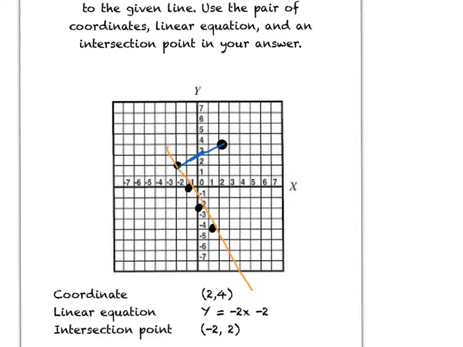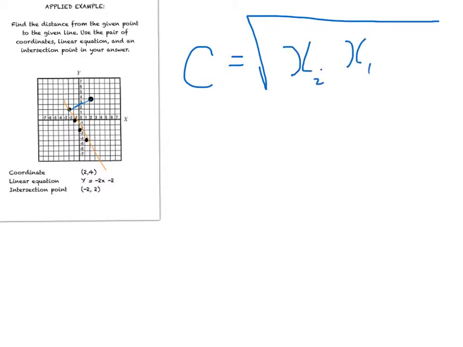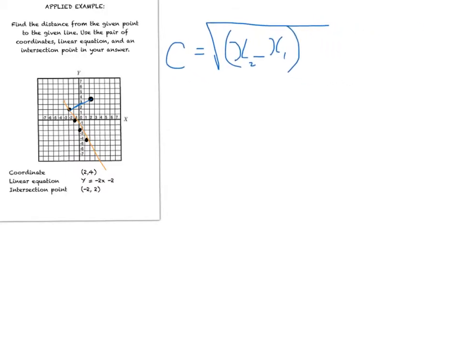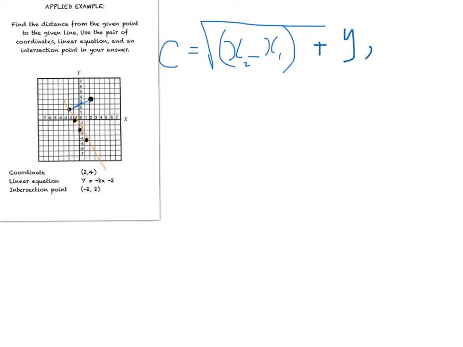We know the distance of a line segment: c equals the square root of x2 minus x1, squared, plus the difference between those y points, y2 minus y1, squared.